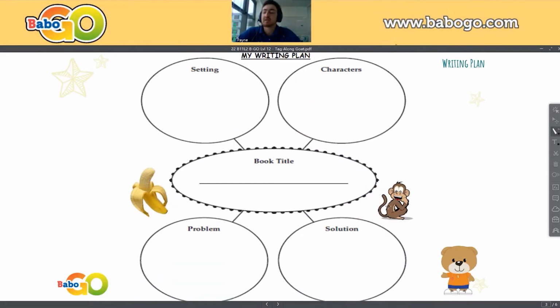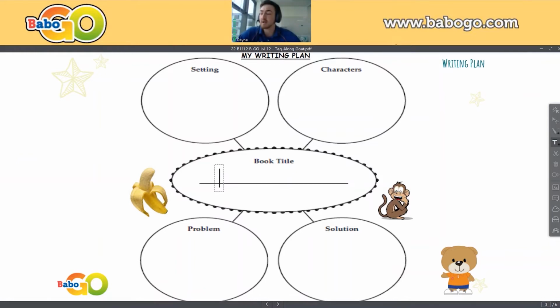And then as you can see down here, we have the planning diagram to brainstorm ideas with the student, and we can refer back to it if necessary. So first we're going to start with the book title. Have the student try to come up with a good book title. Don't spend too long on this though.